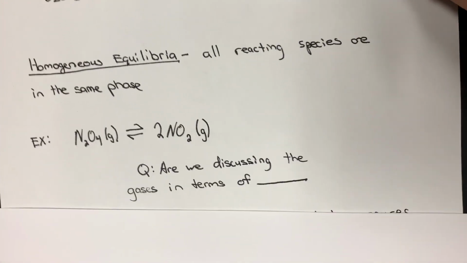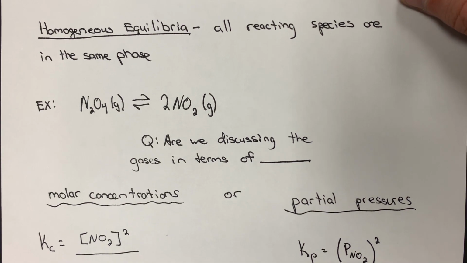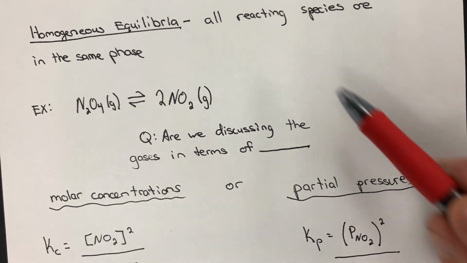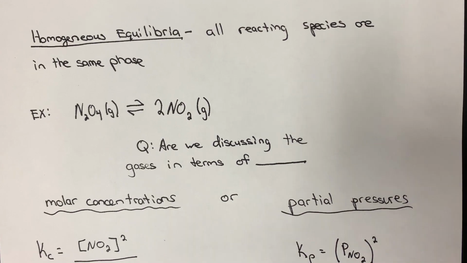So when we talk about equilibria, we can have what's called homogeneous equilibria, or homogeneous equilibrium. This is where we have a reaction where all reacting species are in the exact same phase. So in this scenario, both reactants and products are in the gaseous state. If I want to set up my equilibrium expression for gases, I can do so in two different ways.